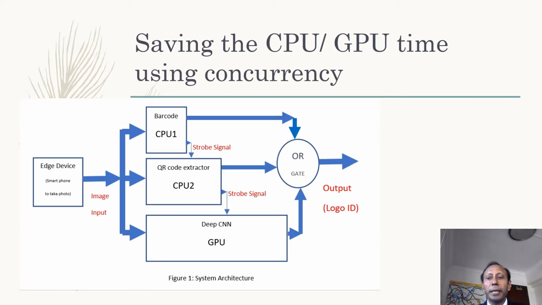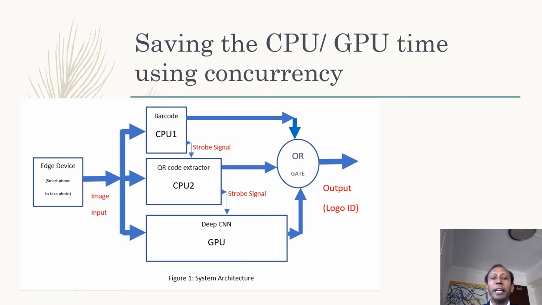Now, when an image is given to an edge device, it could be a barcode, it could be a QR code, or it could be running a full deep convolutional neural network. So the time taken depends on the type of image that is coming.